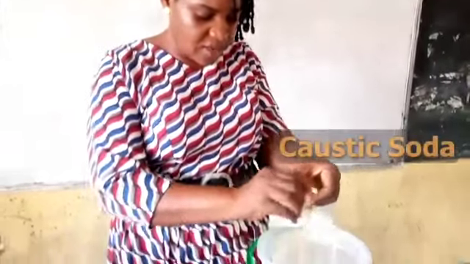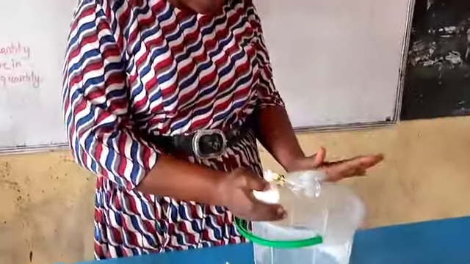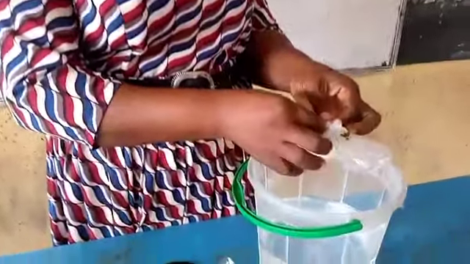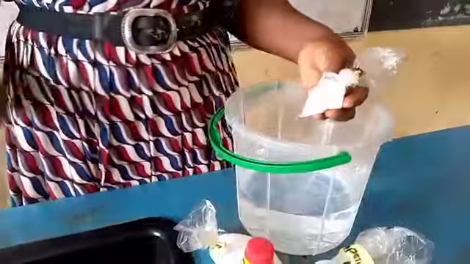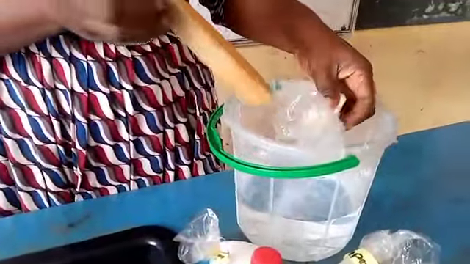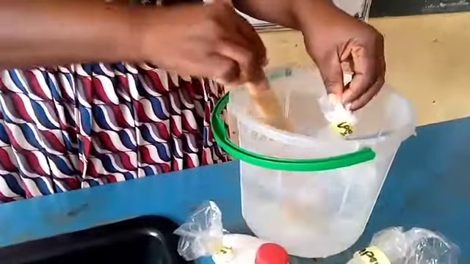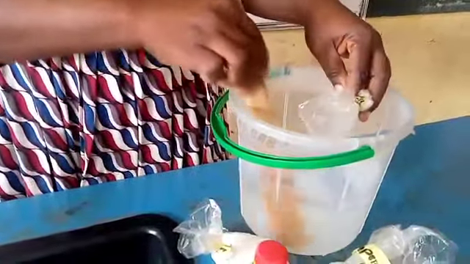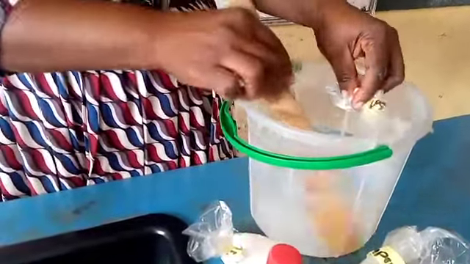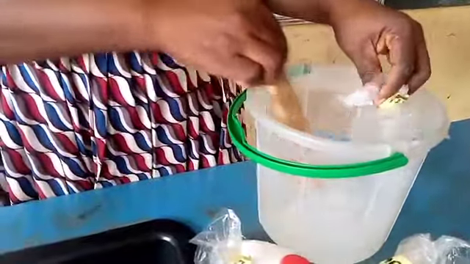Going to the production now, this is the caustic soda. I want to dissolve it in 2 liters of water. When making it at home, caution should be taken, and stay out of the reach of children so that they will not come near you.